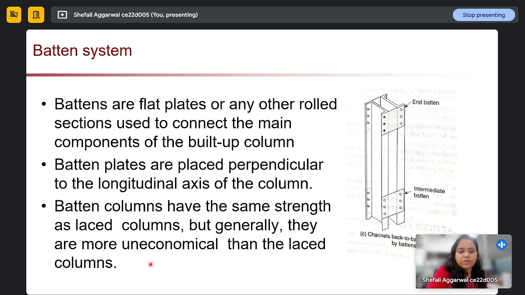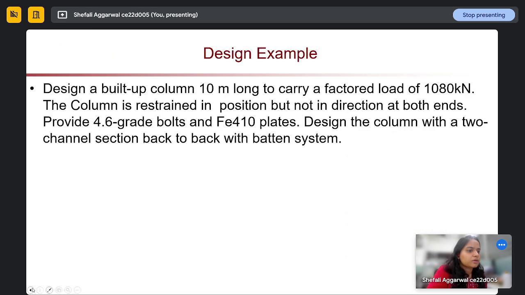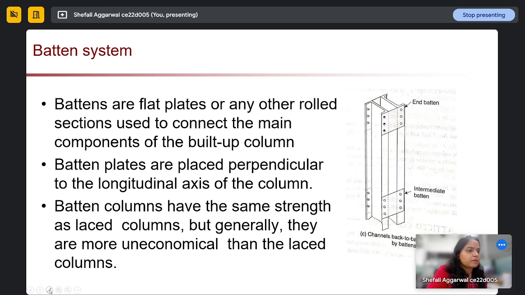You remember the laced column, providing lacing in this way, with flat plates in the section as lacing. Batten systems are a little bit weaker than the lacing system.